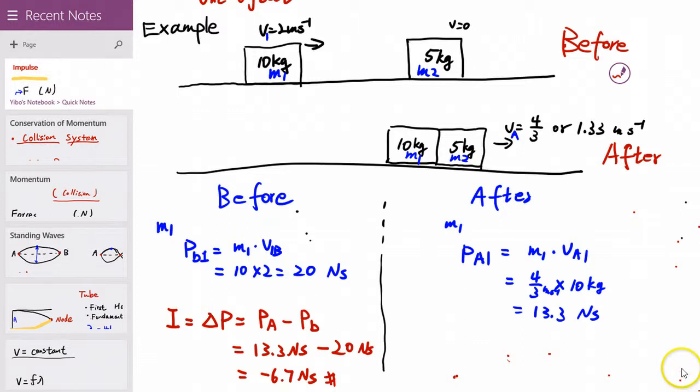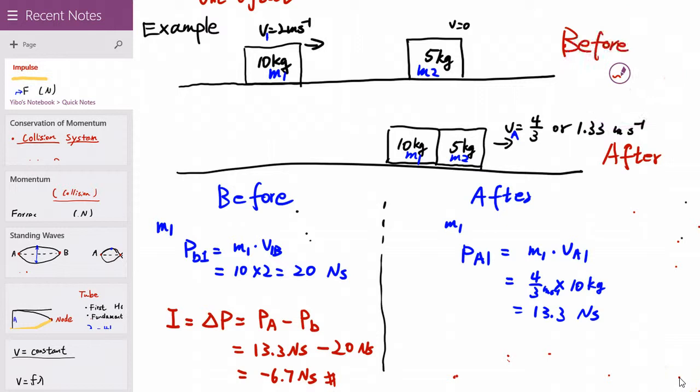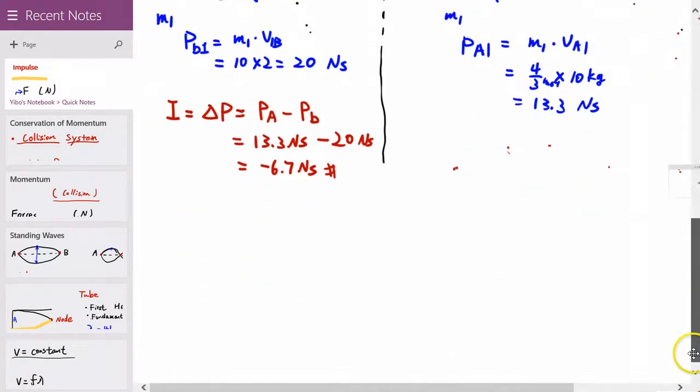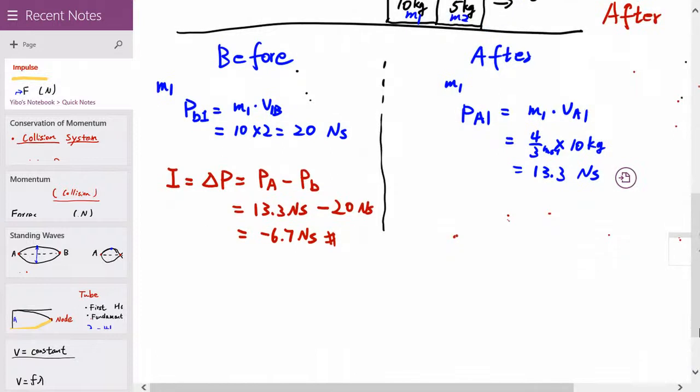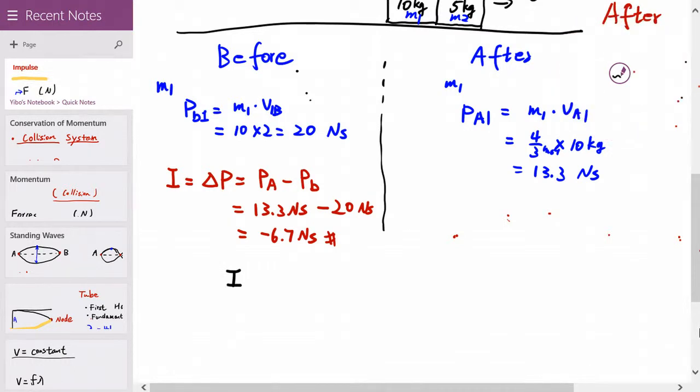Okay, now just remember this. When we're concentrating on one object, write down the impulse equation.